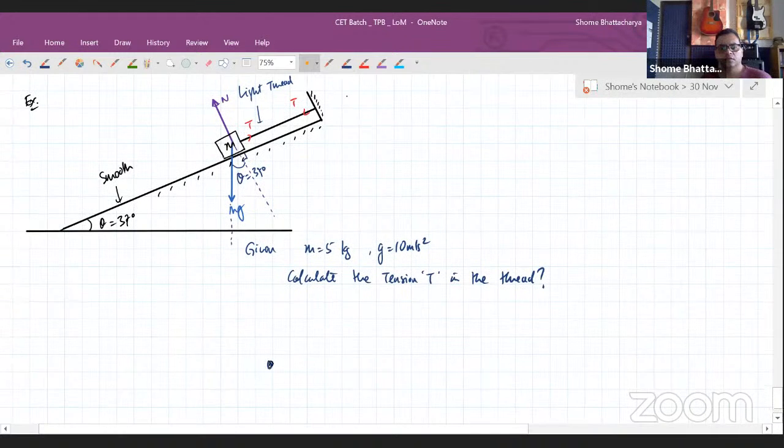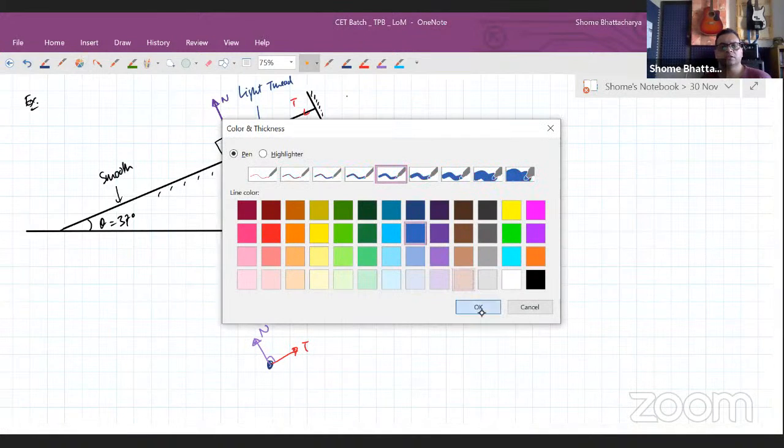And now what I'll do is in the free body diagram, I will show tension along the inclined plane, normal reaction perpendicular to the inclined plane. But I'll show mg in the form of components.